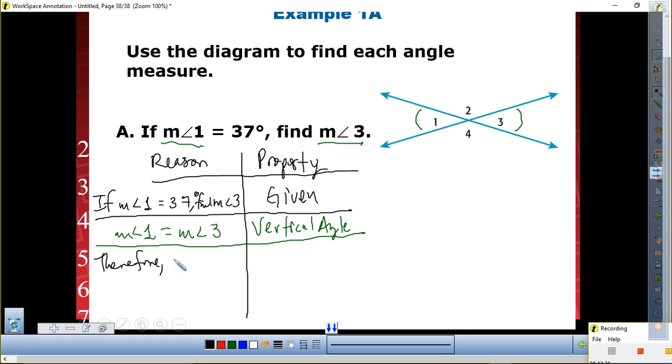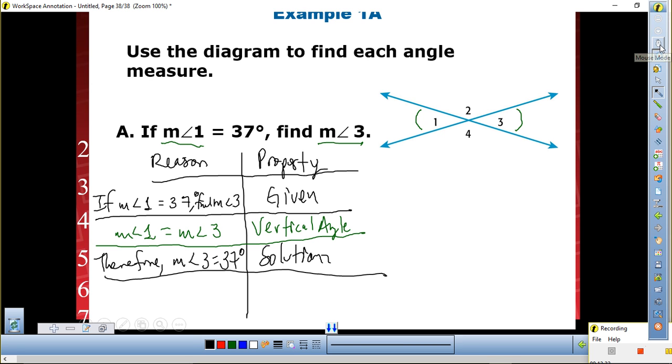Okay. Ivan. Measurement of angle 3 is equal to 37 degrees. That is our solution. Piece of cake? But you see how the thought process goes straight through, and then you need to use a property in order to justify what you're writing for the next step.